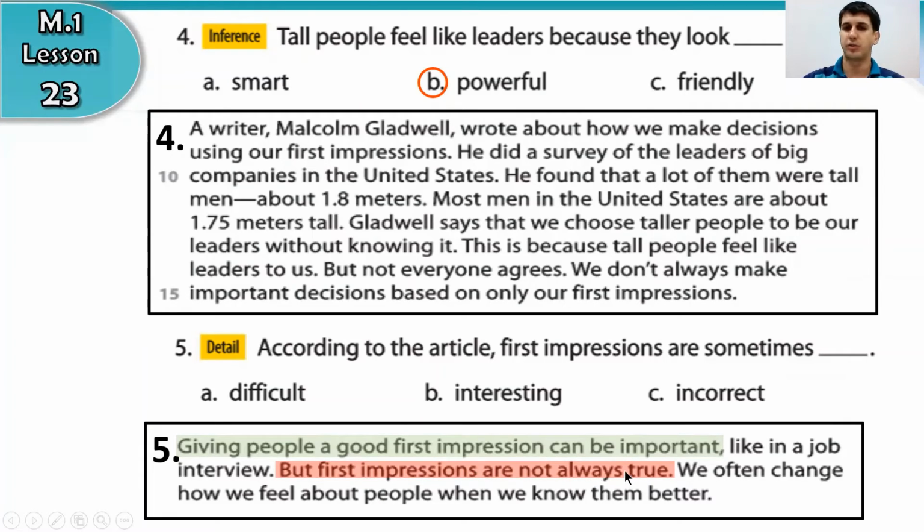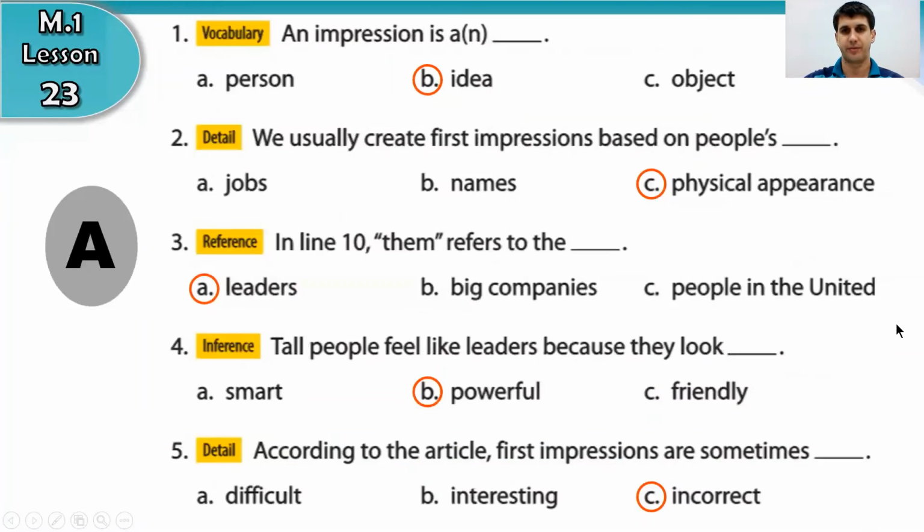If they're not always true, that means they are sometimes incorrect. C. Well done if you guessed that one correctly. So these are the answers. Number 1, B, 2, C, 3, A, 4, B, 5, C. Check your answers in your book.